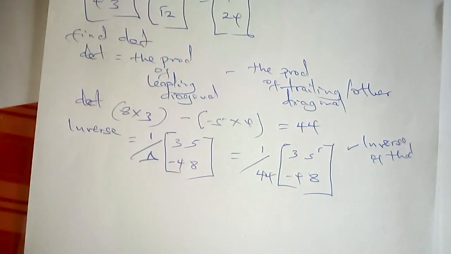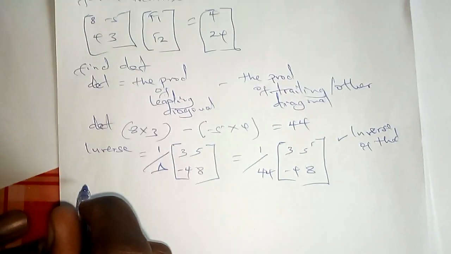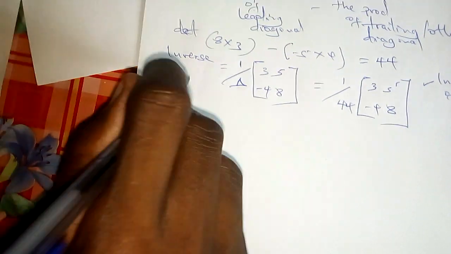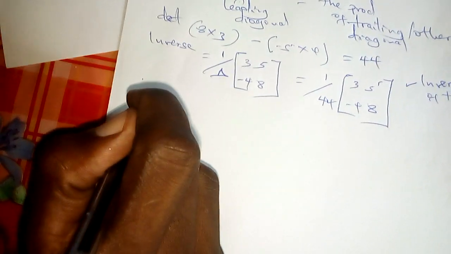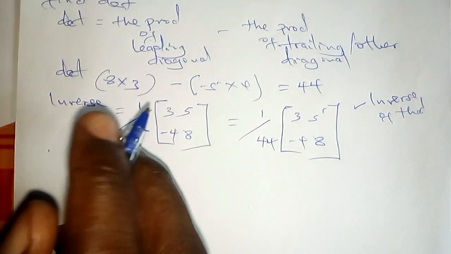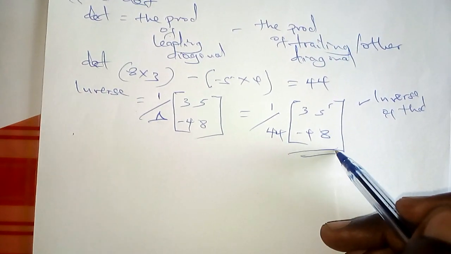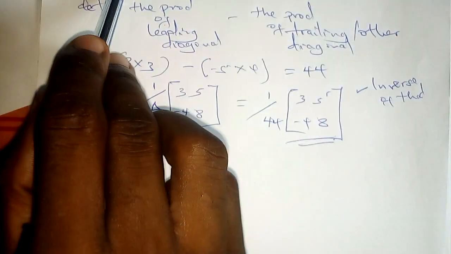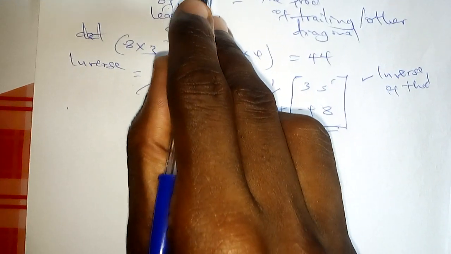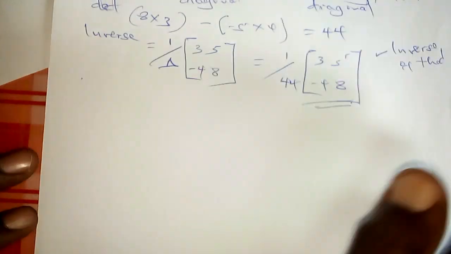Now, after getting the inverse of the matrix, you attach the inverse above, which is this one, on both sides of the formed matrix, which is this one. Now you attach here and you attach here for you to proceed.